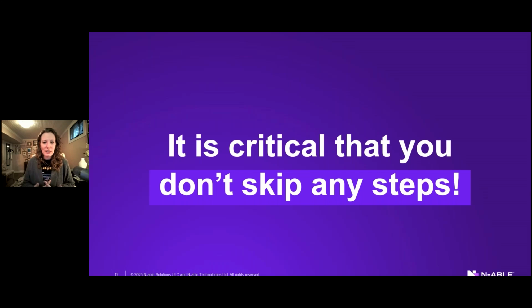Don't rush through it, because if you do, there's a chance that you could miss something. You could miss the opportunity to mitigate a certain risk, whether that be your risk or your prospect's risk, or even miss out on some additional revenue opportunities.